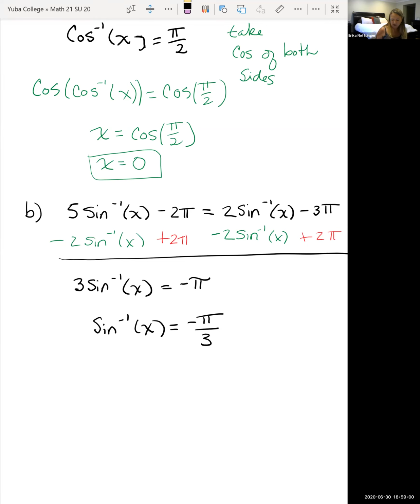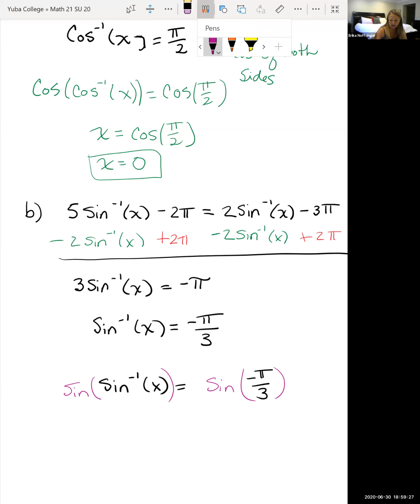We can think of it as taking the sine of both sides. Sine of sine inverse cancels each other out, leaving you with x equals sine of negative pi thirds.